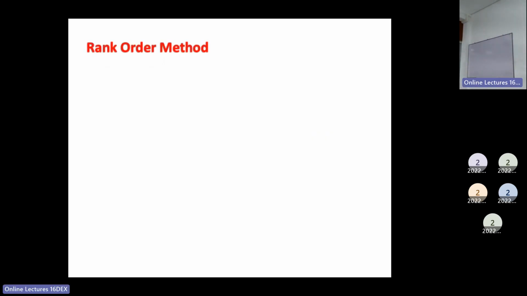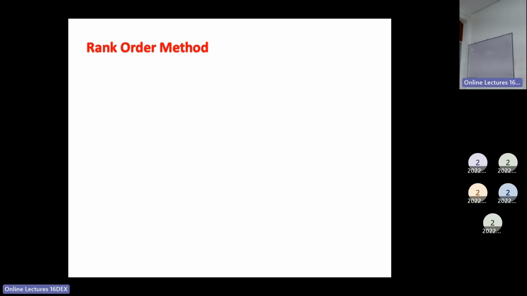Right, the rank order method. In this method, you are supposed to rank employees from best to worst, depending on their performance with regard to several criteria.